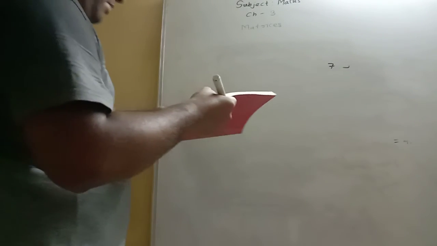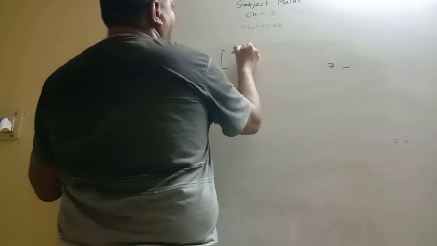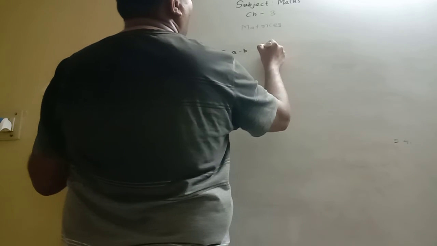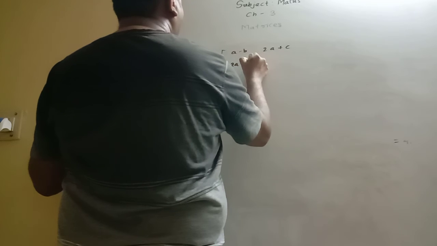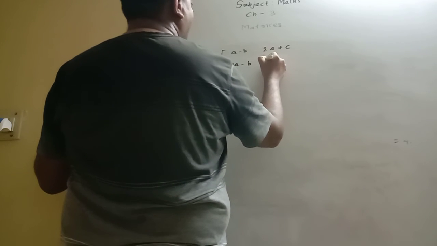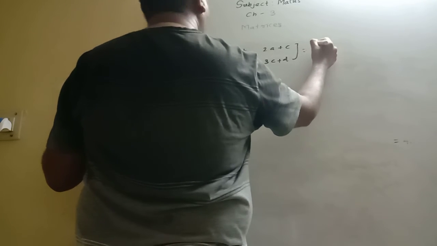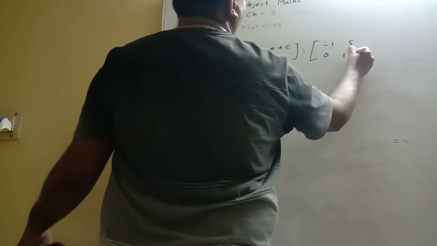Now we have question number 7. A minus B, 2a plus C, 2a minus B, 3c plus D equals to minus 1, 5, 0, 30.